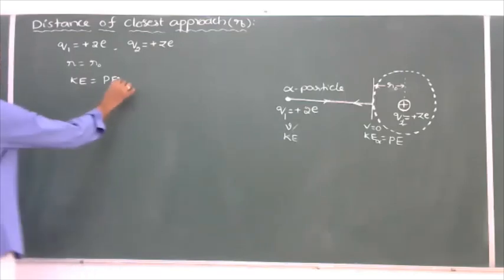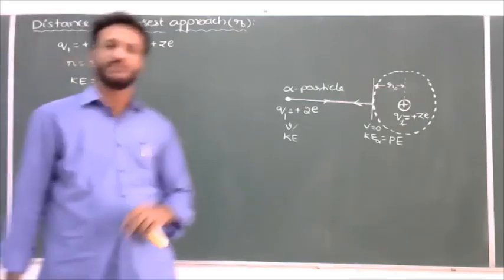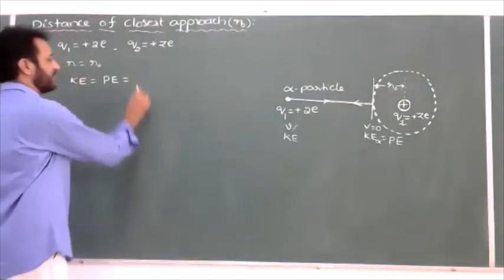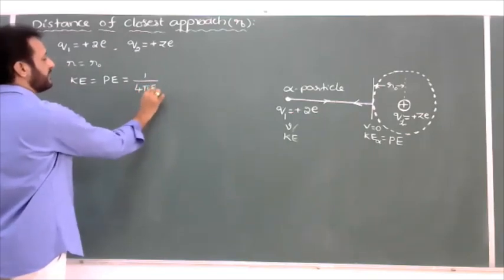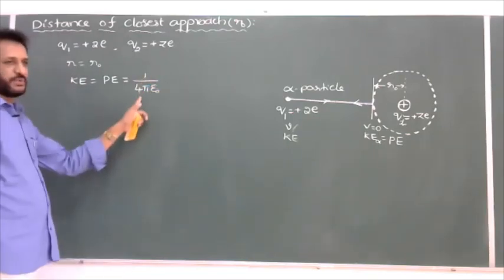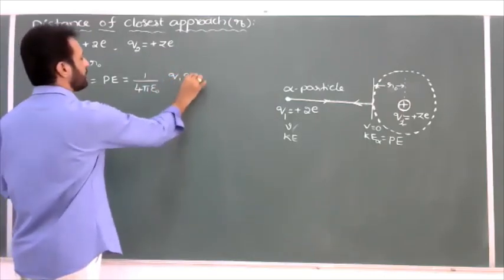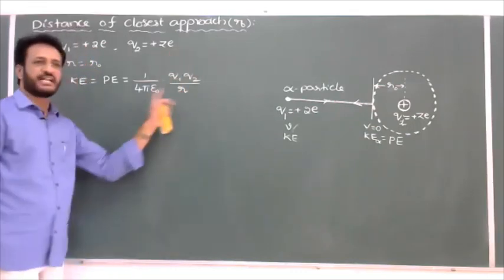But we need the electrostatic PE formula, not the gravitational one, for which we have mgh. The electrostatic PE is 1 by 4 pi epsilon naught, which is a constant value, into Q1 into Q2 by R.